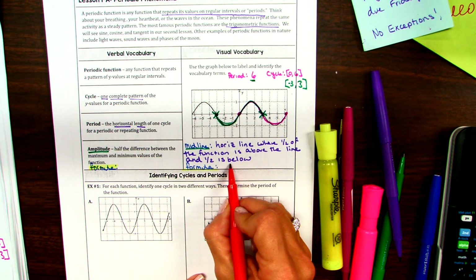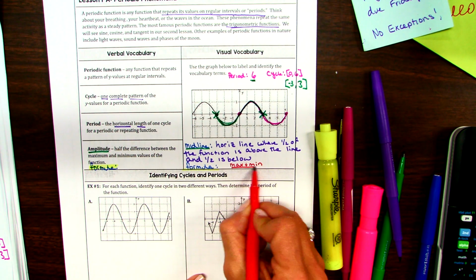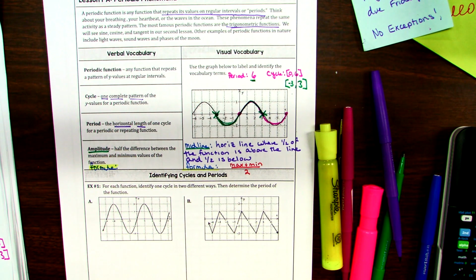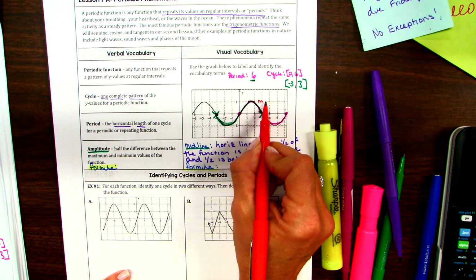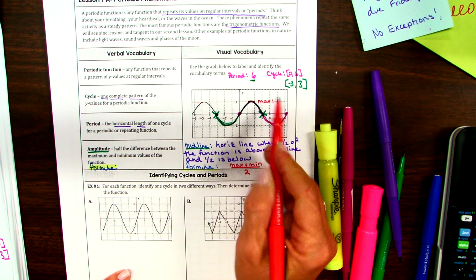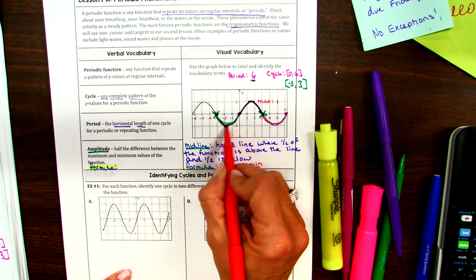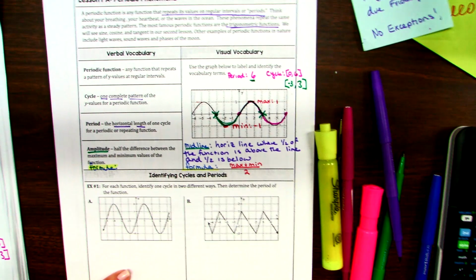You take your max plus your min and divide by 2. So looking at my graph, my max value is 1, right? That's as high as it goes. My min value is -1, right?